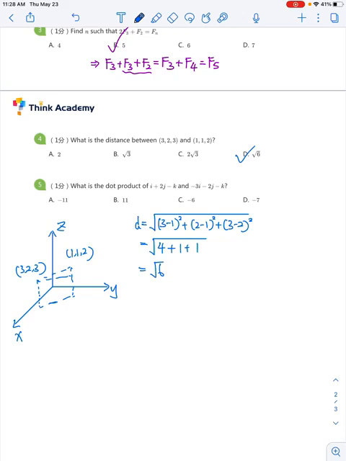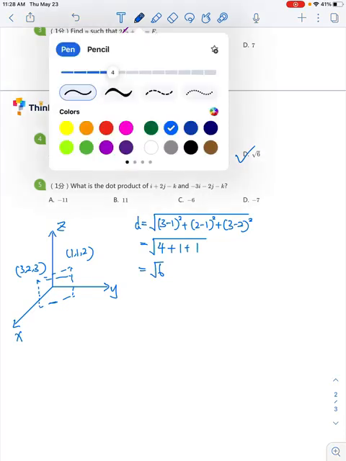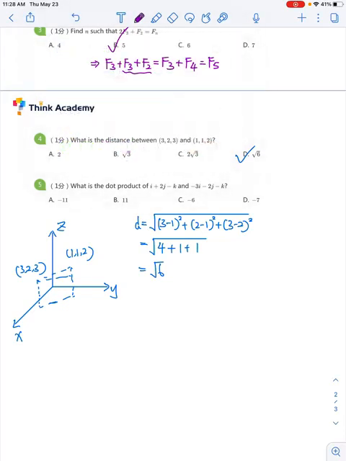Alright, and now for the final problem here, we are trying to find the dot product of the two vectors. To find the dot product, we can first find the coordinates of the two vectors. The first vector is essentially 1, 2, and -1. You can read this from the unit vectors. Then the other vector is -3, -2, and -1.